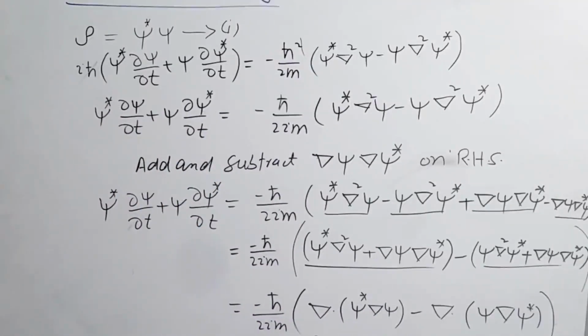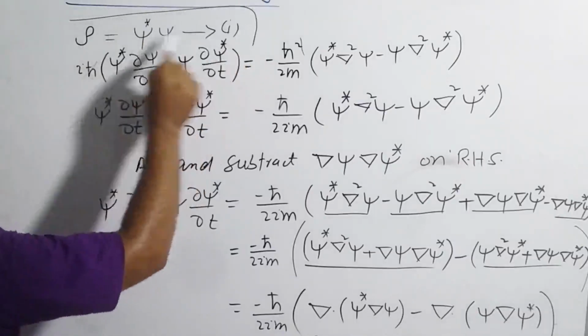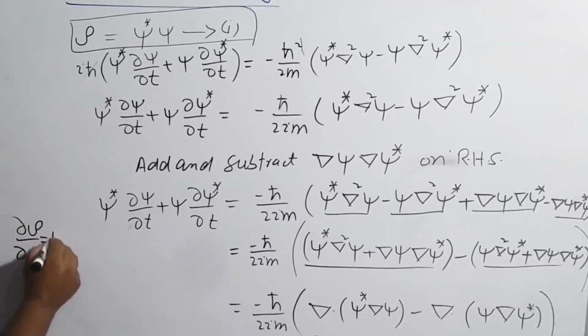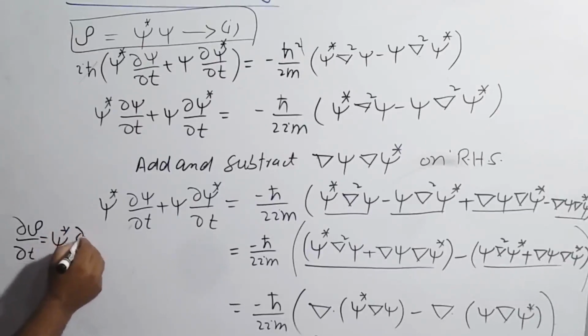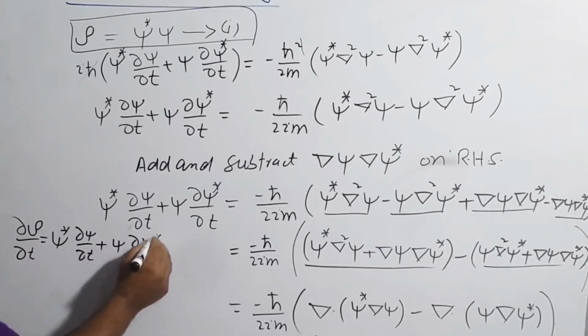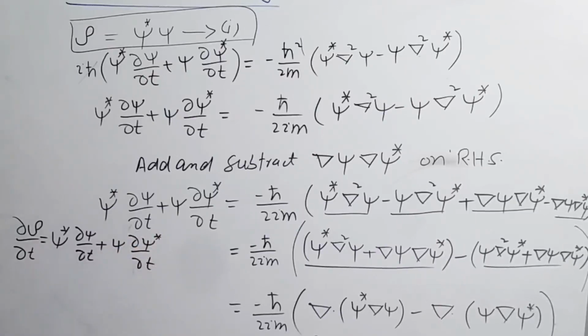Now the equation of continuity. If I take the derivative of equation 1 with respect to time t, then it will be partial rho divided by partial t is equal to psi star as it is, partial psi divided by partial t plus psi as it is, partial psi star divided by partial t.